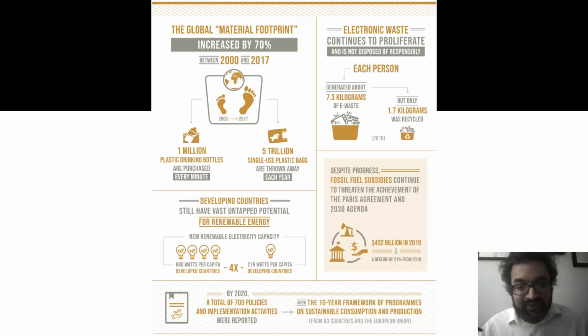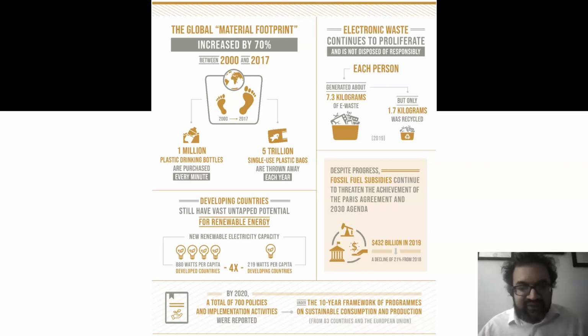And then developing countries still have a lot of vast untapped resources for renewable energy. New renewable electricity capacity is 880 watts per capita in developed countries, whereas it is 210 watts per capita in developing countries.